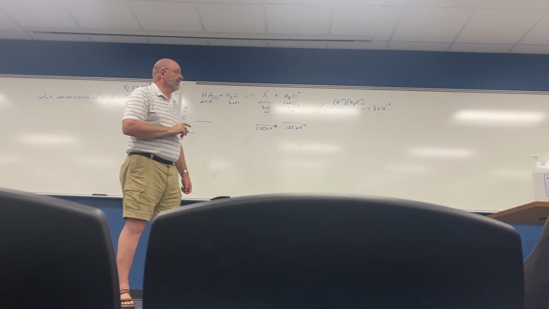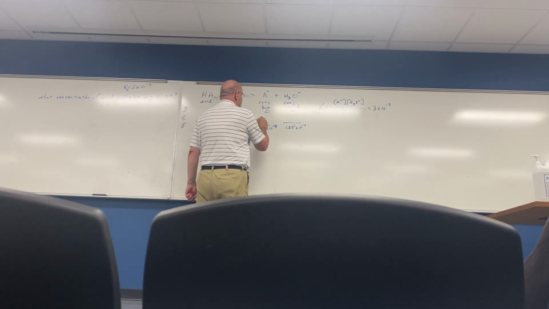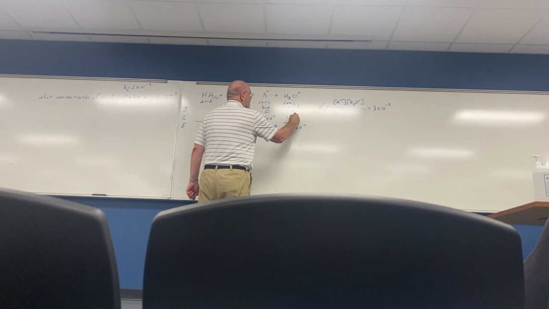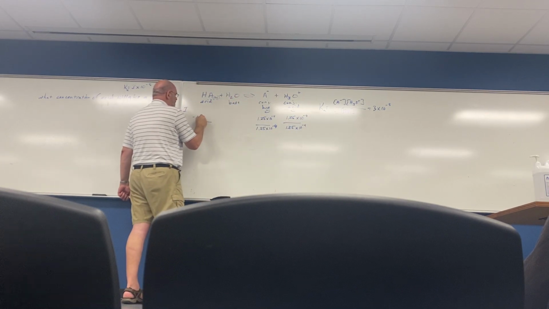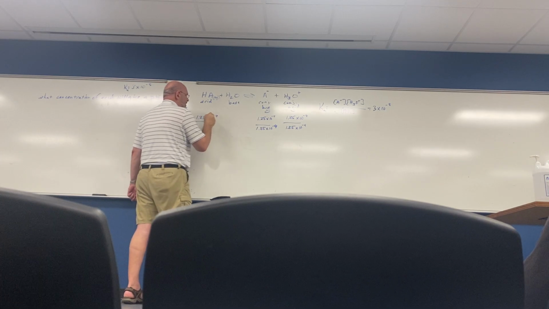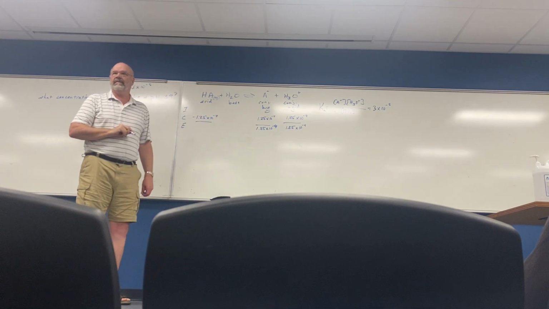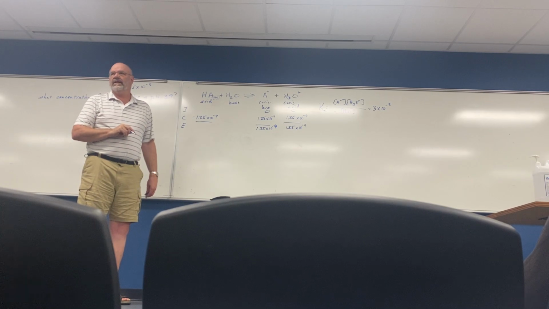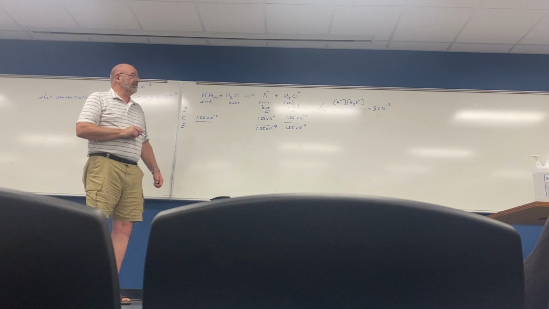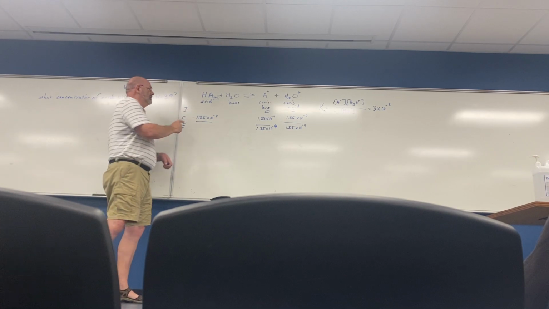I know that. So that means this must be 1.25 times 10 to the minus 4th also. Which means this is minus 1.25 times 10 to the minus 4th. So what am I missing? I'm missing this. X.